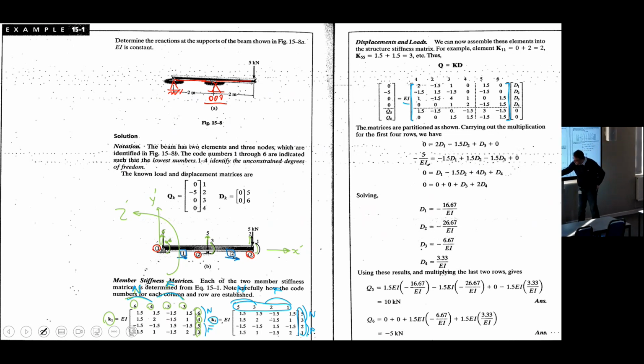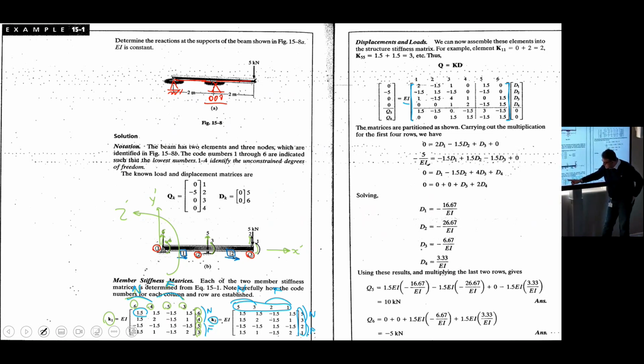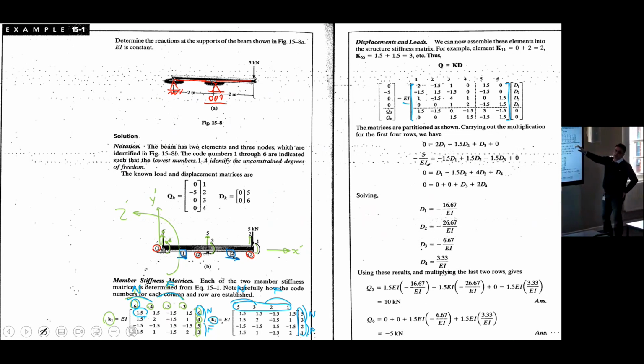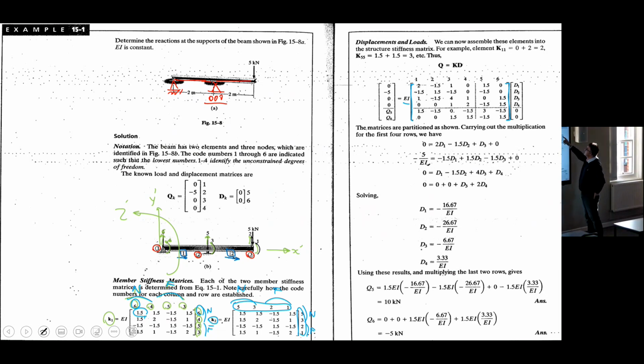We have 1.5 here. Okay, this 1.5 belongs to the degrees of freedom 6 and 6, right? I'm using my hint, 6 and 6. This 1.5 should go to the bigger matrix in the cell at row 6, column 6 here.